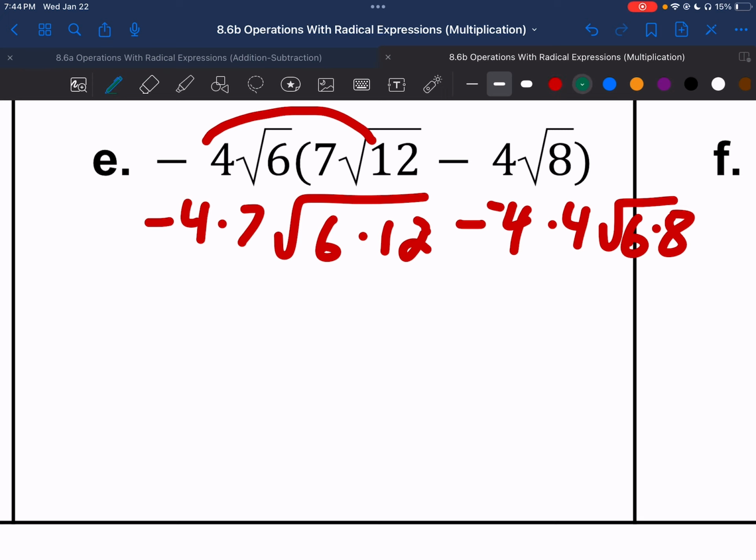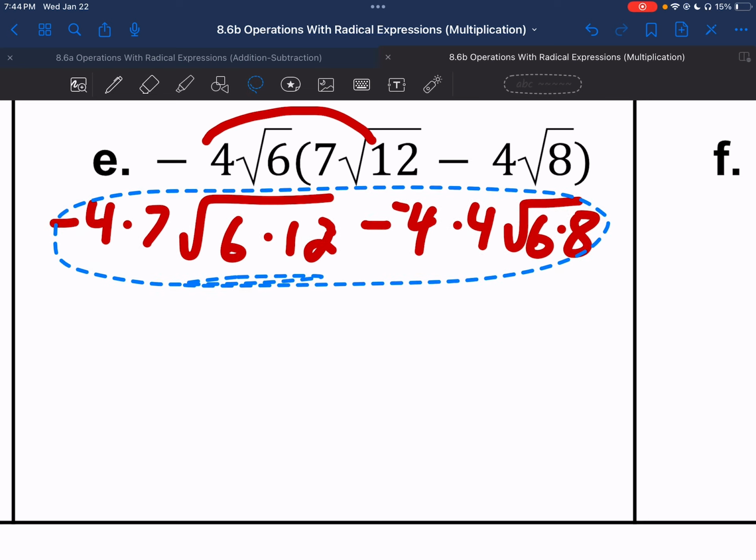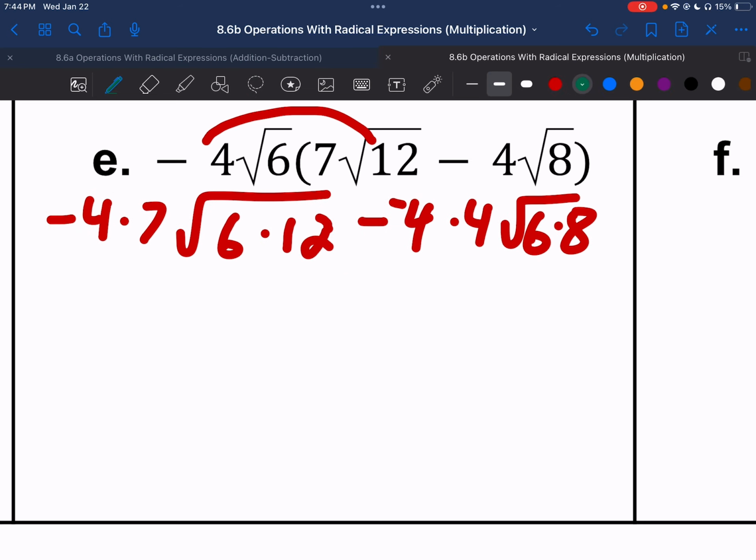And I'm going to move this all over so we're not running into my next problem as much. So you have to keep in mind that we are distributing that negative to a subtraction. So it might be a little easier to think of it as we're multiplying negative 4 times negative 4, right? Because this would be thought of as plus a negative 4. So we have a negative times a negative there, to keep track of that.